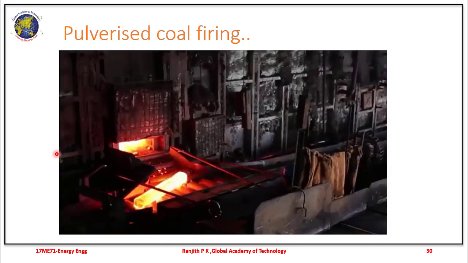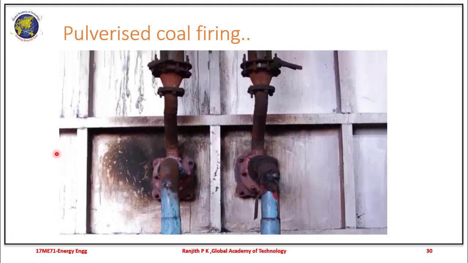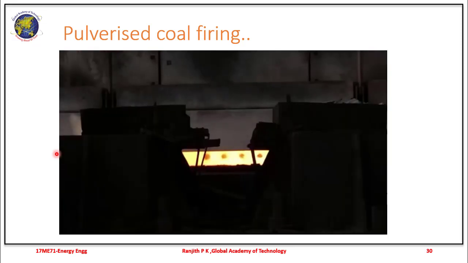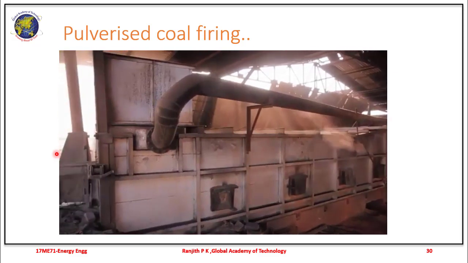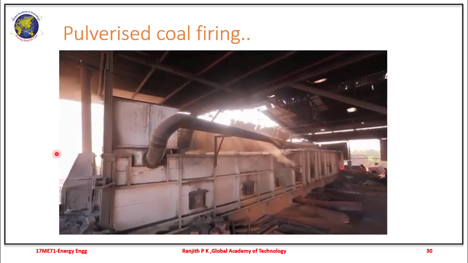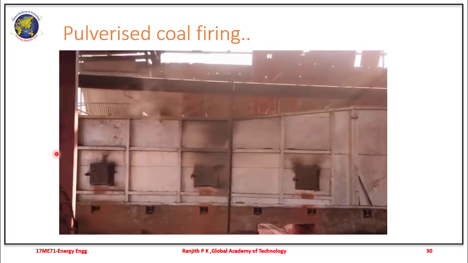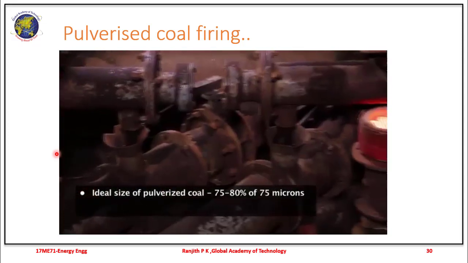This leads to premature cracks and failure of the refractory lining. Ash deposits require more heat to be added to the charge for attaining the desired temperature, thus increasing burning losses. Also, high ash content leads to choking of the recuperator tubes. This necessitates frequent cleaning, thus high maintenance cost and reduced performance of heat exchangers.